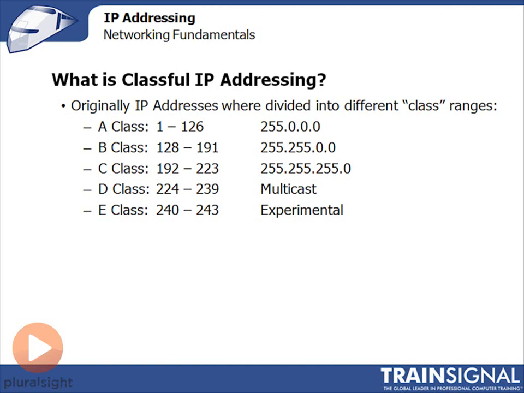We had our A class of IP addresses, where the first octet was the network ID, and the last three octets were all host ID. That's why I have a subnet mask listed there of 255.0.0.0.